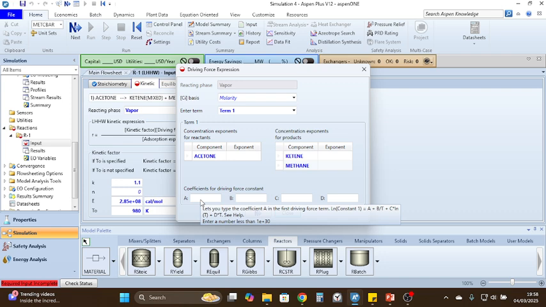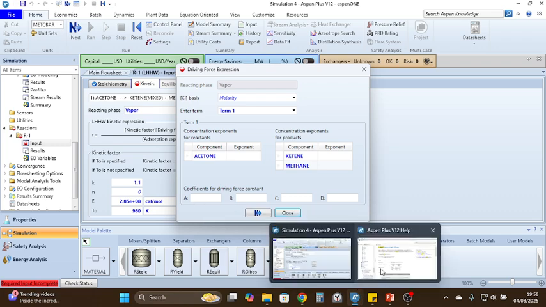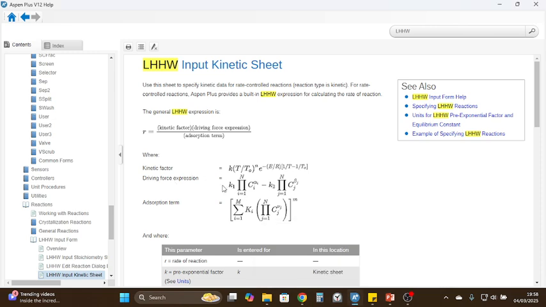If you see over here, it is written that it lets you type the coefficient A in the first driving force term. So this is the driving force, and we are specifying this particular part on the Aspen.